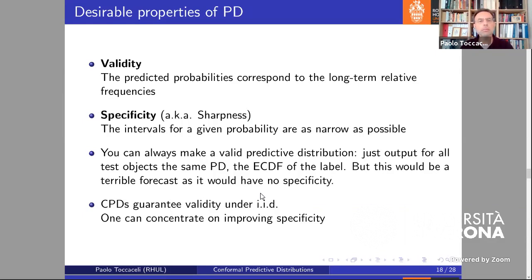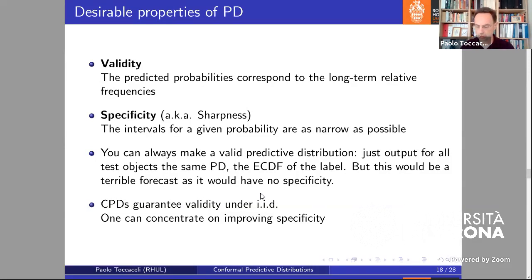Okay, so after looking at an example of predictive distributions, we can talk about what desirable properties predictive distributions, as we define them, should have. One we could refer to as validity or guaranteed coverage. So the predicted probabilities for intervals correspond to long-term relative frequencies.